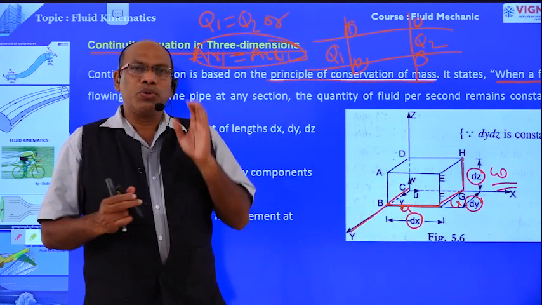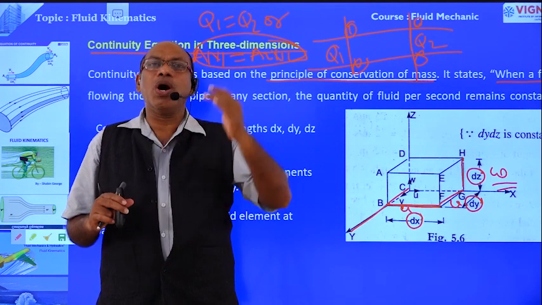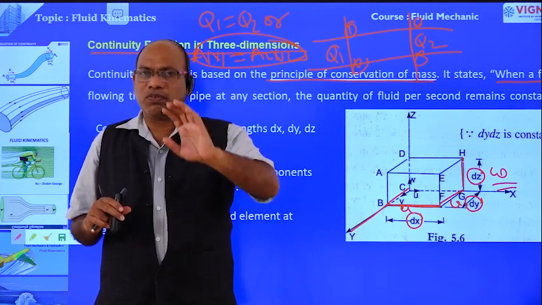Here u, v, w are the velocity components in the x, y, z directions respectively.